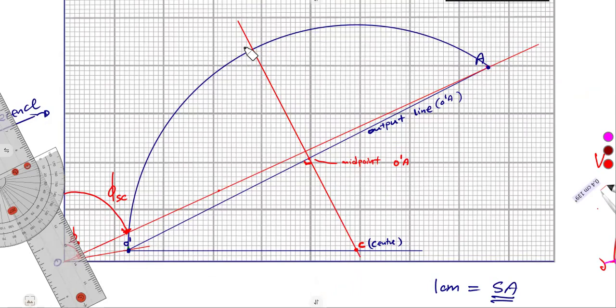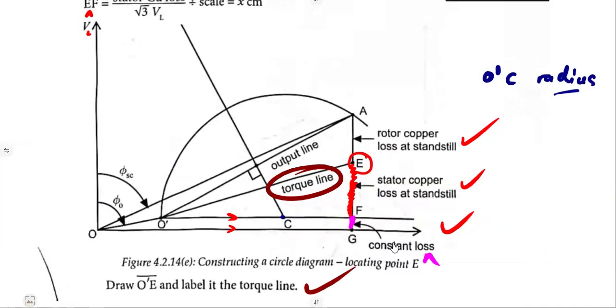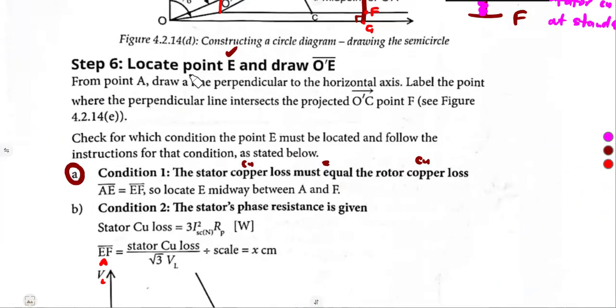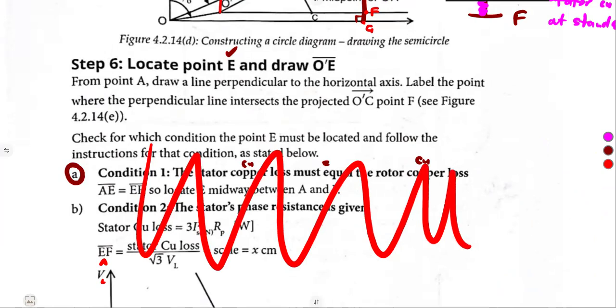Is it a condition of full load? We are going to talk about that later on. But what we need is to locate the point E. After the semicircle, we need to locate the point E as part of our steps, and also to draw that vector from O bar to E. Conditions must be taken into consideration.